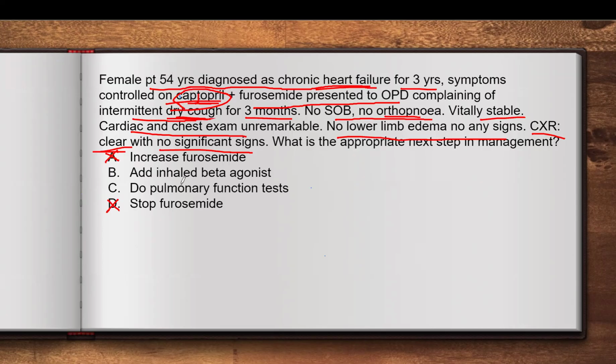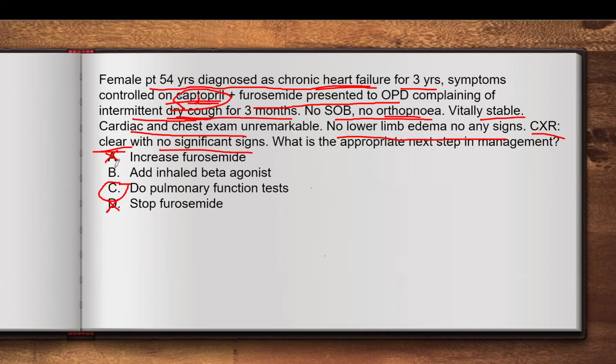But since we don't have that in the options, what we can do is check the pulmonary function test of this patient, because this is a dry cough for 3 months. Although if it was asthma, the patient would have dry cough, wheezing, shortness of breath. Other respiratory symptoms must be there if the patient has some respiratory problem, right?